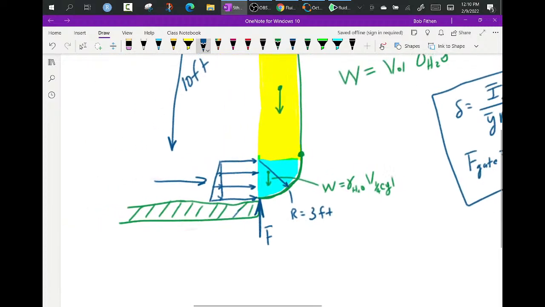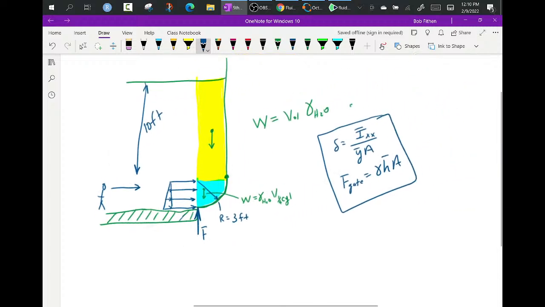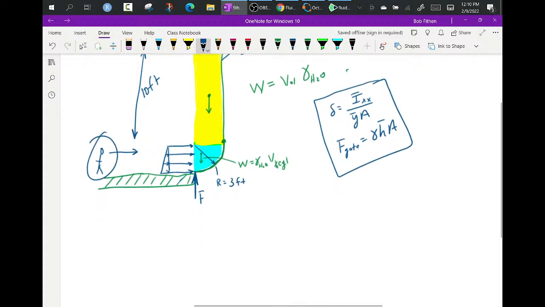Meaning, if you were sitting way back here, and you looked at this, what you would see, and we'll make the thing 1 foot into the page, is a gate, and let me do the aspect ratio at least reasonable.